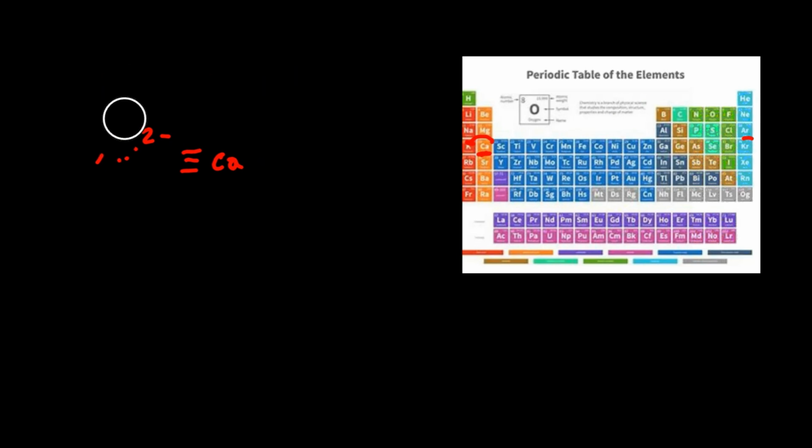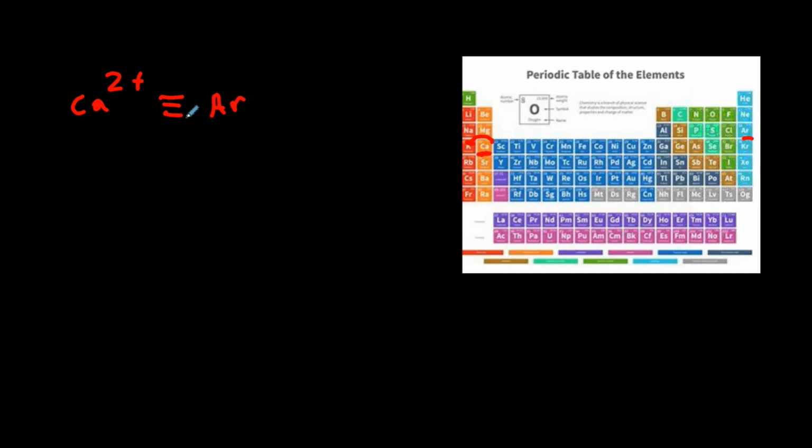In other words, the electron configuration for Ca2+ and argon is the exact same. So that's mainly all you need to know. Sometimes they will ask you a question, which of the following is isoelectronic to this electron configuration, and you'll have to find out which one has the same amount of electrons based on the charge of the ions.